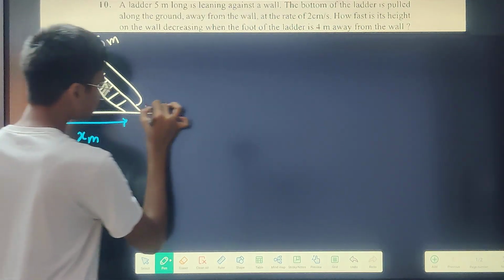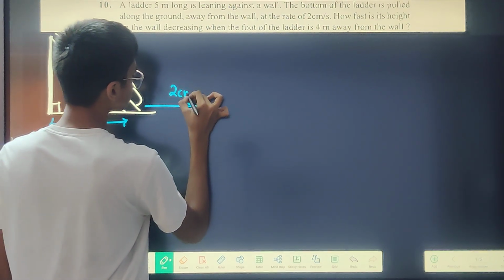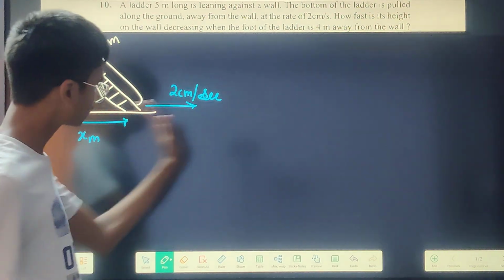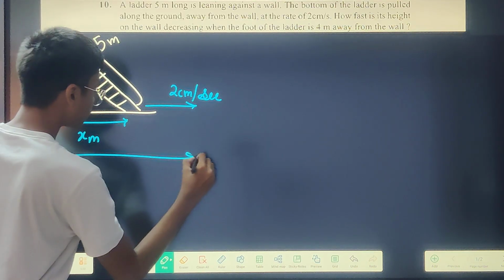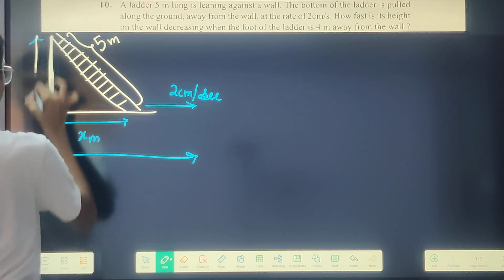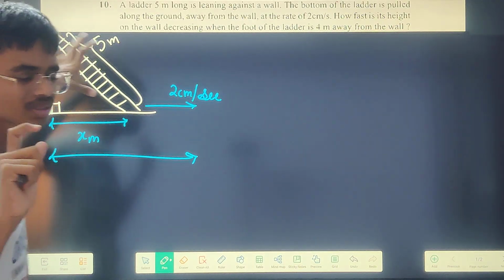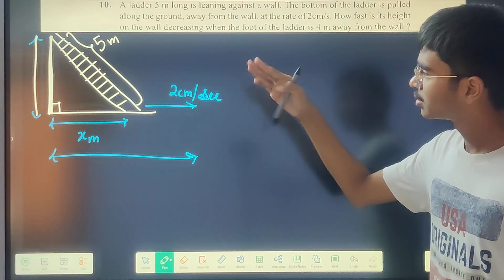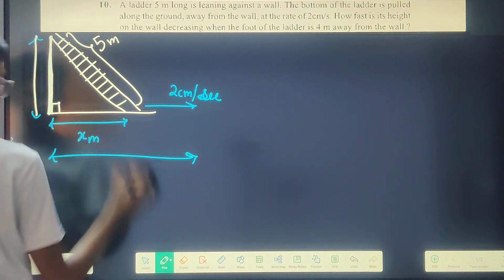This ladder is being pulled 2 centimeters per second, that means per second it is going 2 centimeters this way. Then what will be this rate? Here it will be decreasing with some rate. So what is that rate?